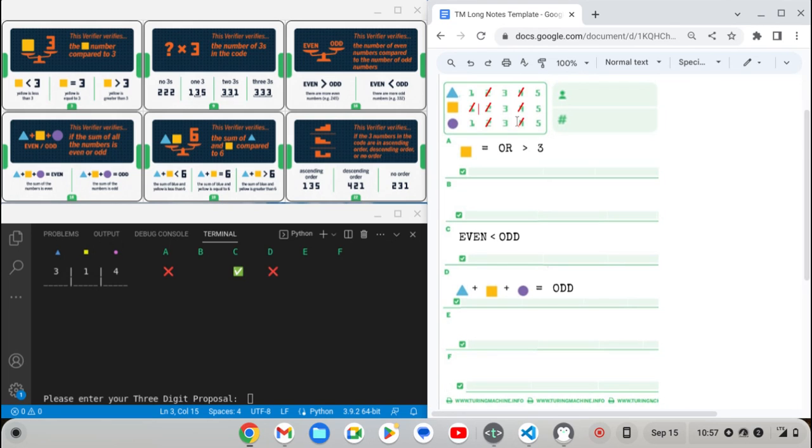And that would be circle. 1 5. Yeah, I would force circle to be 3 if there's only one 3 and the sum is 6. 1 5 3.